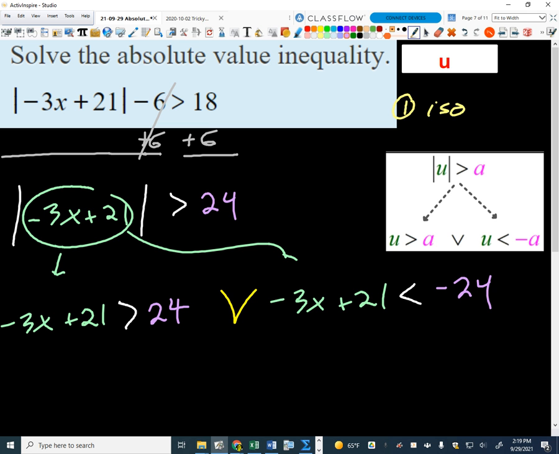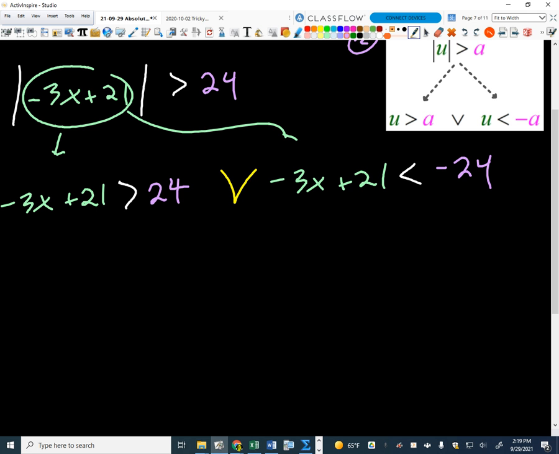Okay, so step 2, we created our patterns. Now we just solve, right? We solve each of those inequalities separately. No big deal. So what are the steps to solve both of them, really? What's the step to solve this one? Subtract 21.